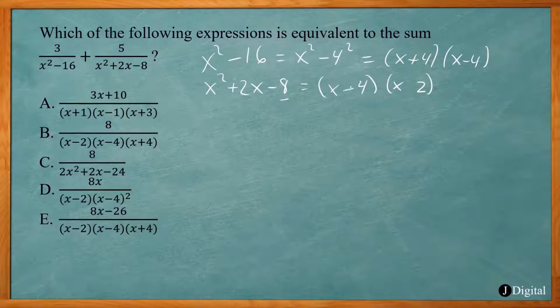And the 4 is going to be positive, the 2 is going to be negative. Now if we look at this, they have in common x plus 4. So our common denominator would be x plus 4, and then we need the other two, x minus 2 and x minus 4.